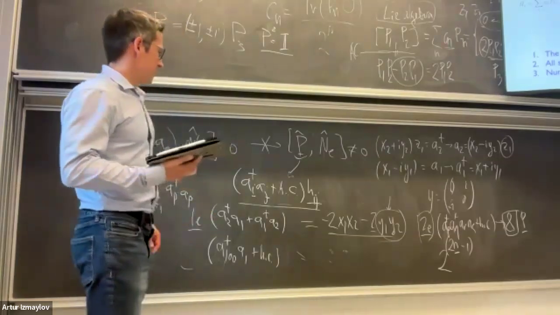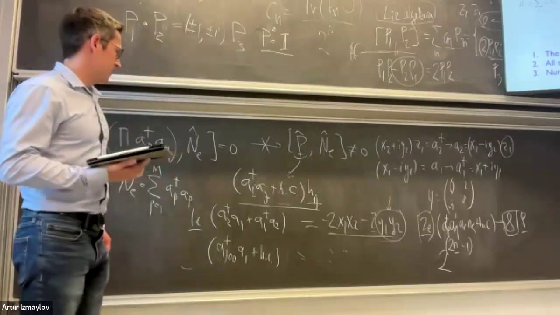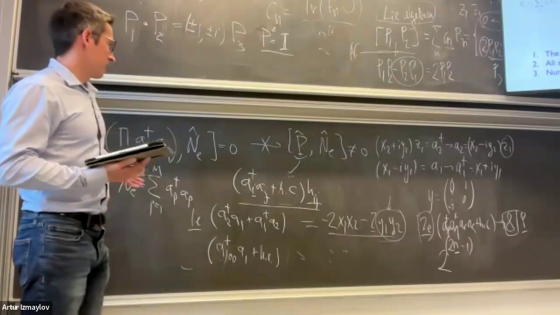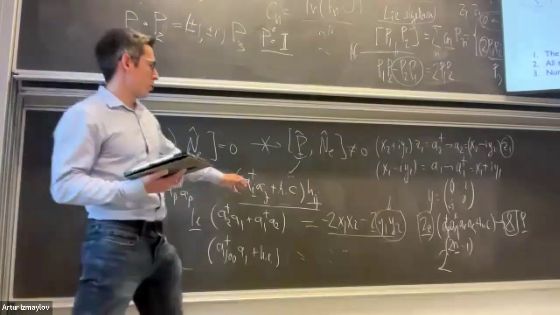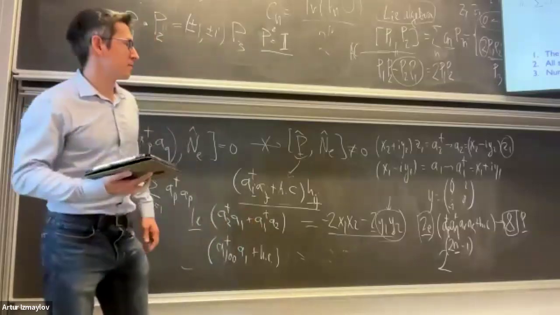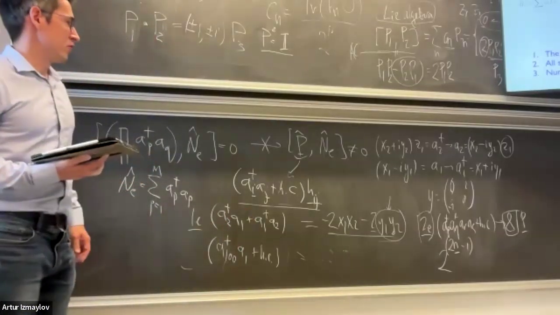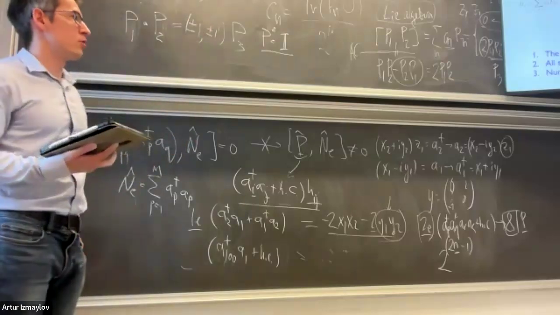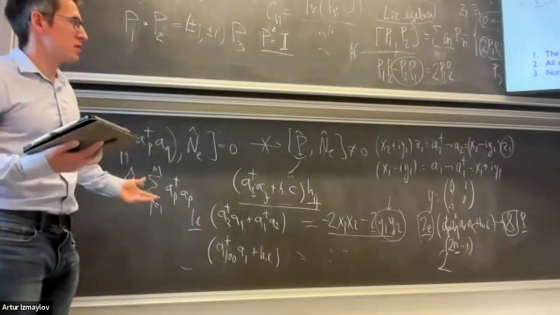It's something that we are trading for the fact that we have single products which are Hermitian, and they don't commute with the number of electrons. But overall, the Hamiltonian is still commuting with the symmetries.